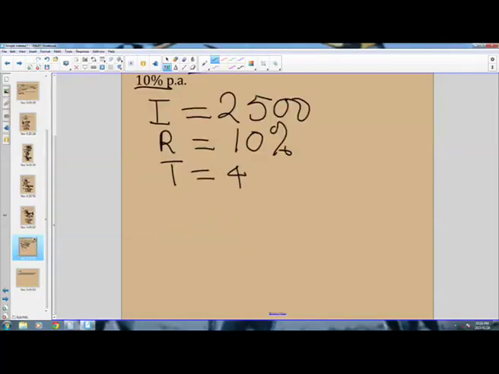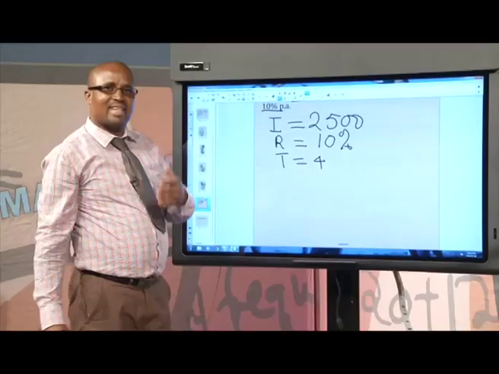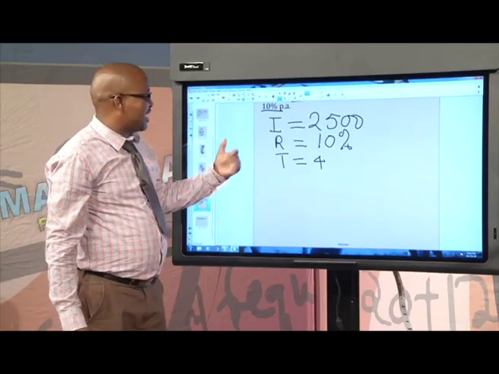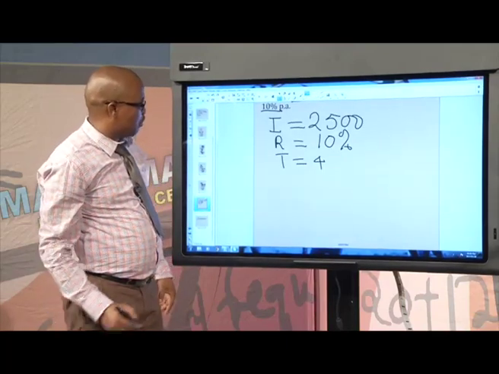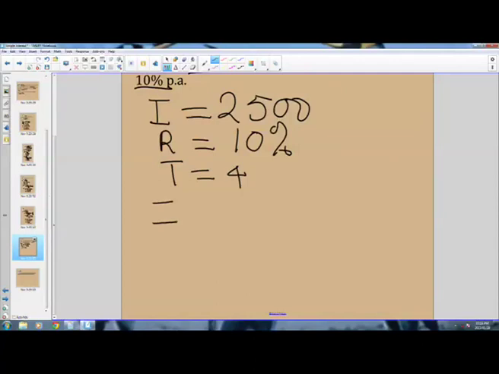You now go back to your formula. Write it and then substitute. Then solve for whatever you asked to solve for. The formula says I equals P R T divided by 100. Now what do we have? Do we have P here?